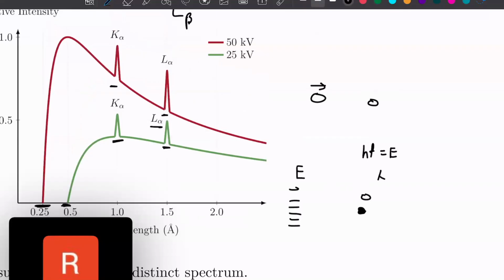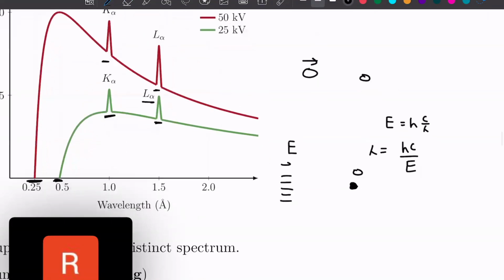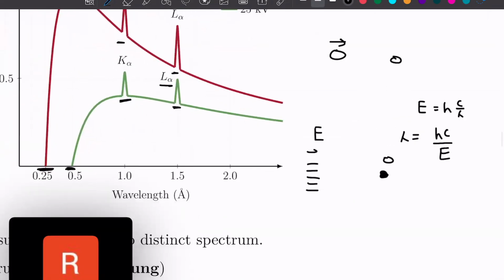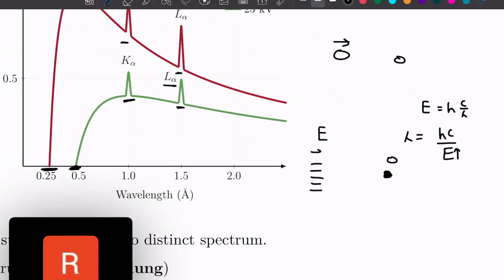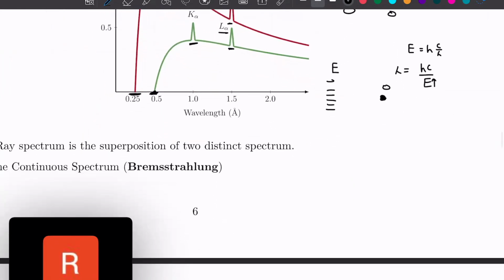And so f is equal to c over lambda, so lambda equals hc over E. Yep. So then you see that there is a minimum wavelength, when the energy is as high as it can go, then this will be the smallest one.